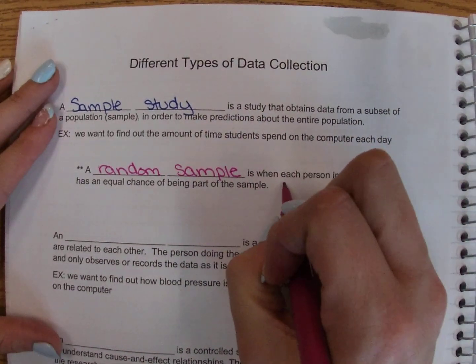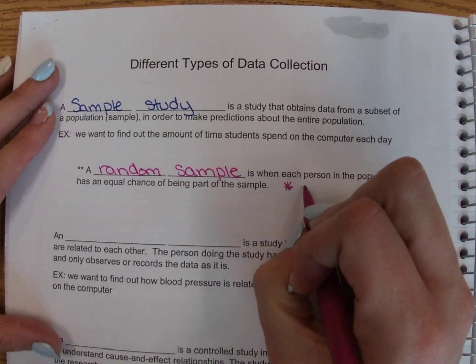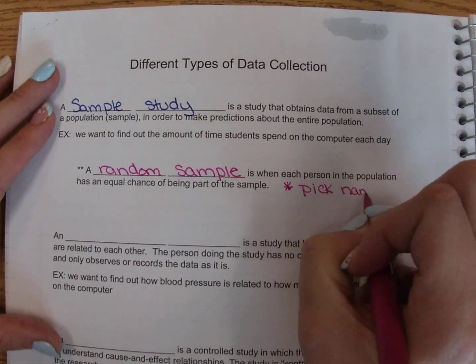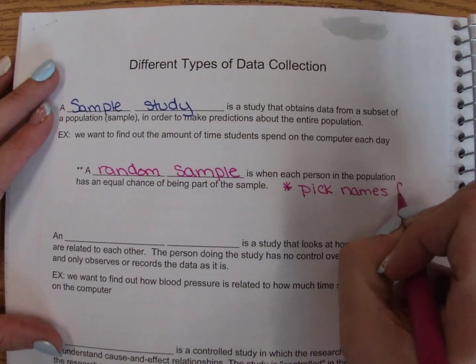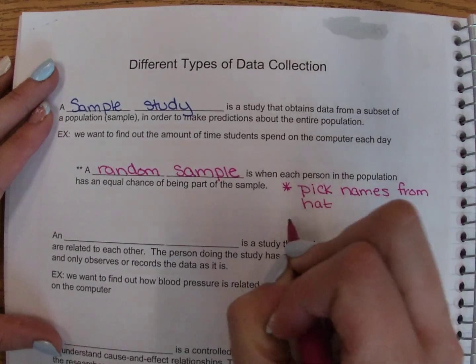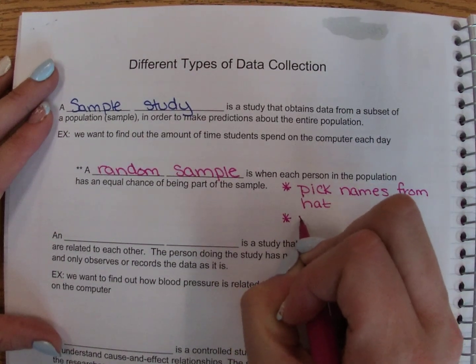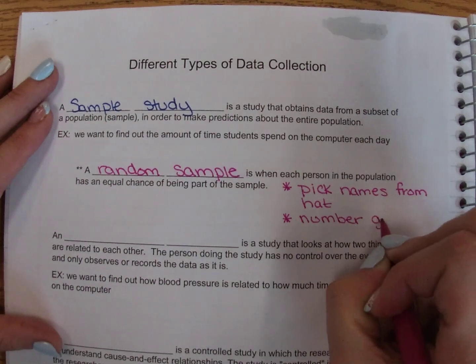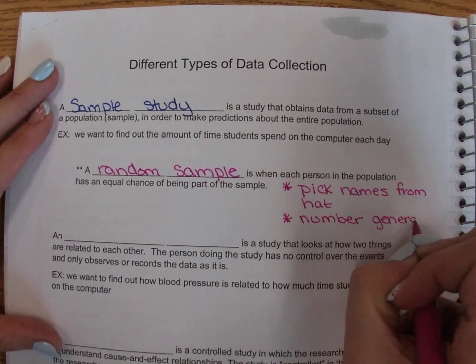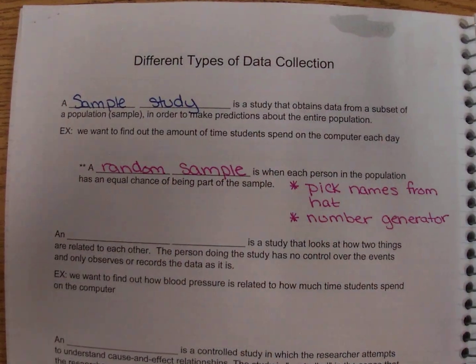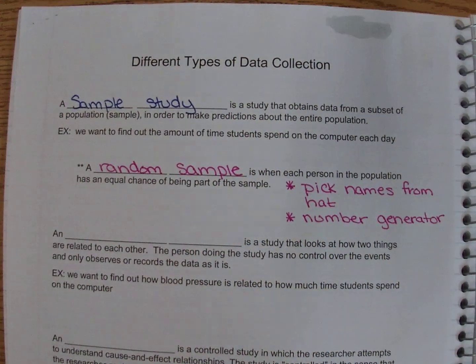So we often think about this as either picking names from a hat, or using some type of number generator. A number generator is like a computer that will give us a random number and tell us what number person on the list to pick.